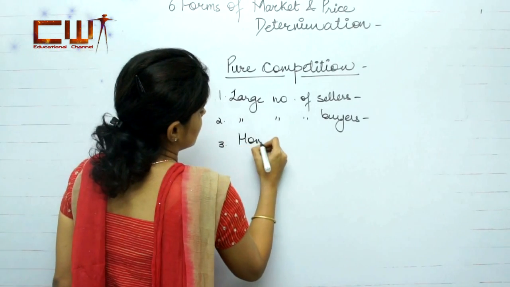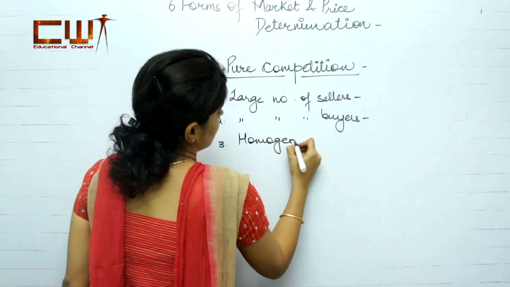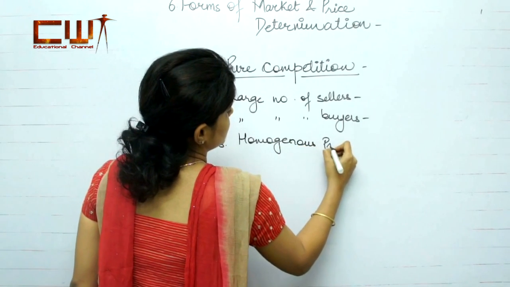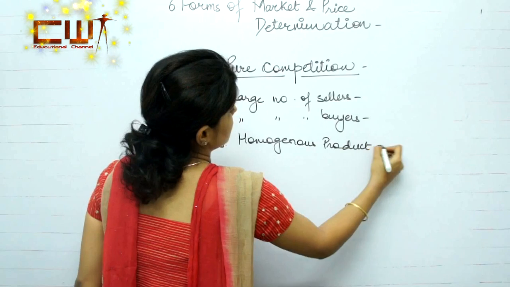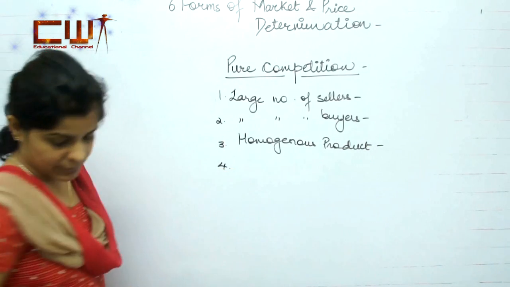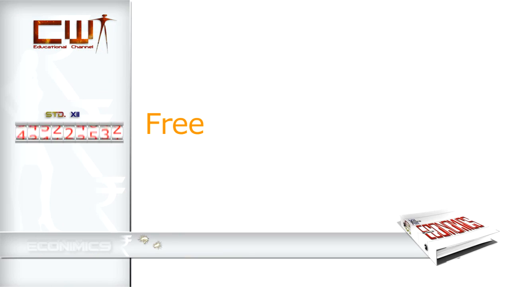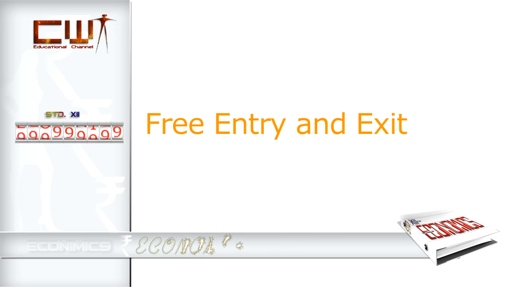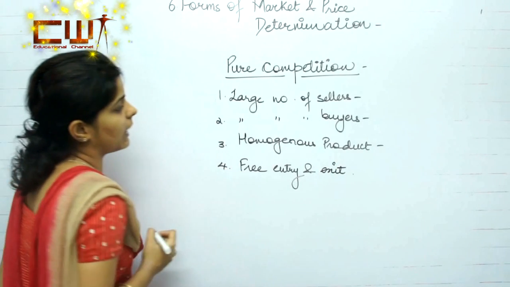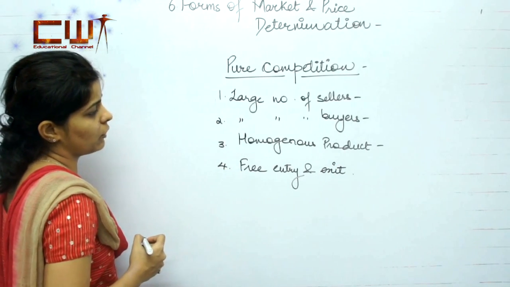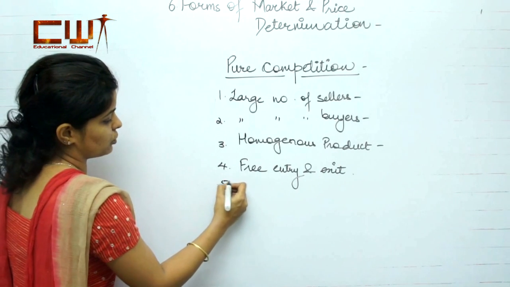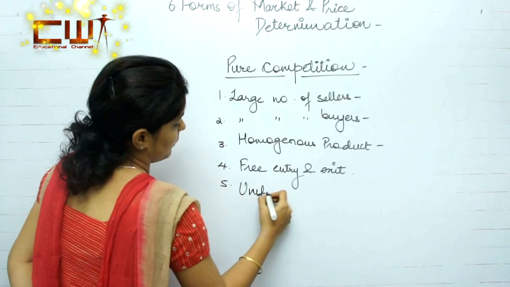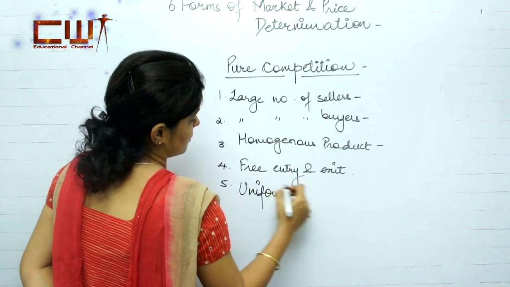Homogeneous product means products are similar in nature, identical to each other. Free entry and exit: the buyers and sellers can come, join the market, carry on the business, and leave whenever they wish to. And last is uniform price. The price is also similar.